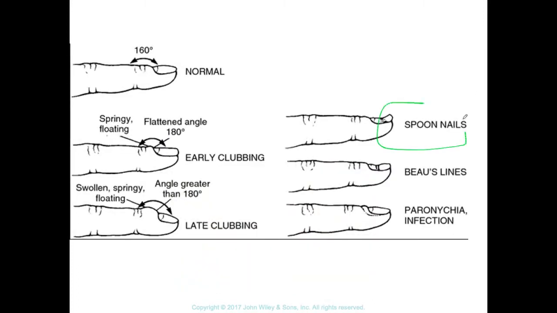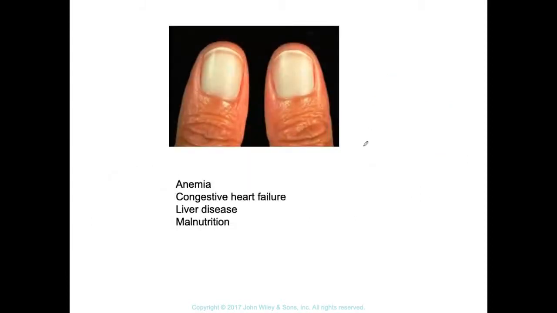The opposite of that would be spoon nails. We see that with severe diabetics, where the nail spoons upward. Each of these means something. We could pick up thyroid problems with the nails. We could pick up cancer. We could pick up if someone's chronically ill or on chemotherapy. We can pick up anemia, right?